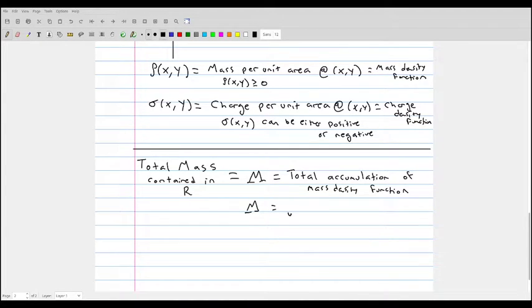It's the double integral over the region R of the mass density function. So this is saying that if you have a region R and you have a mass distribution of which you know, or can approximate, the mass density function, you can calculate the total mass contained in that region just by taking the double integral of that function over the region.